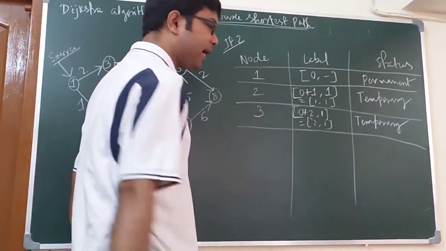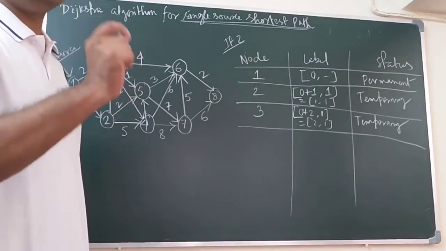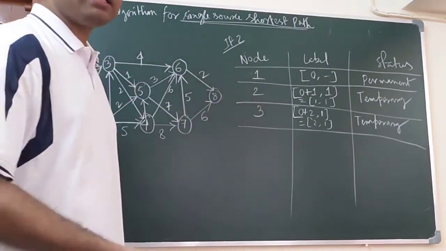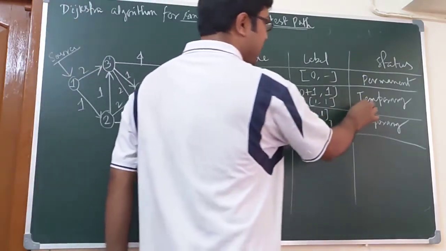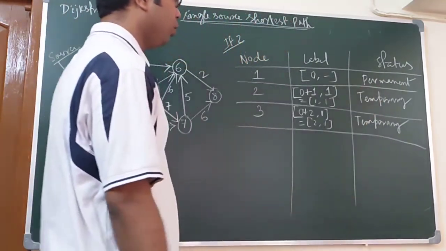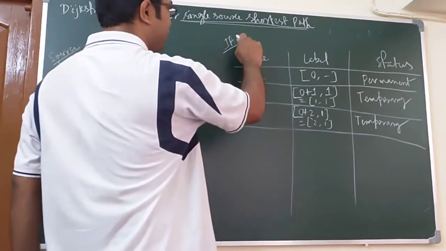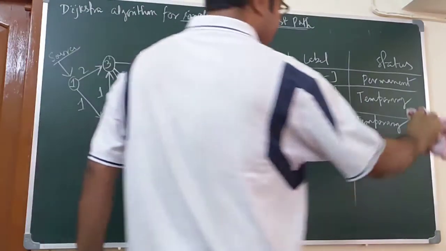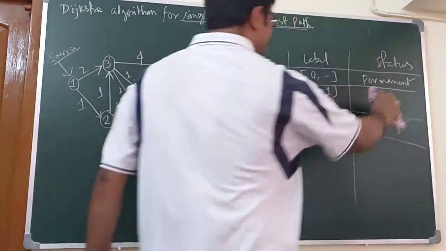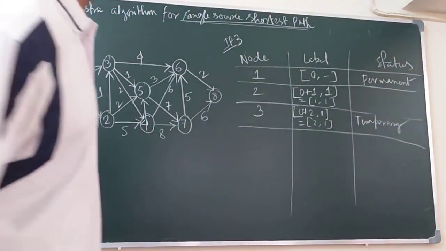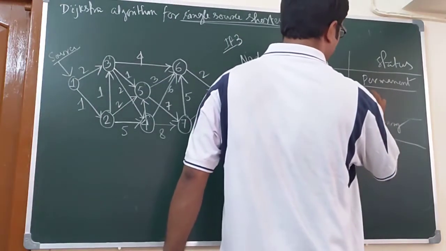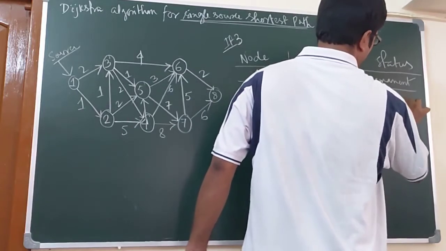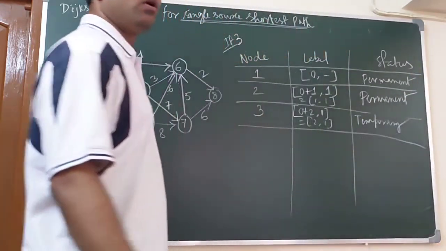So we take the node with the minimum level value, node 2, and make its status permanent. At the beginning of iteration 3, we make the status of node 2 permanent.